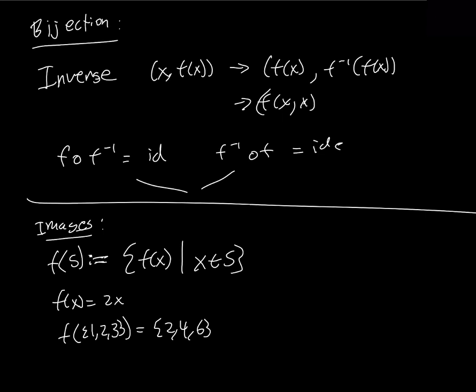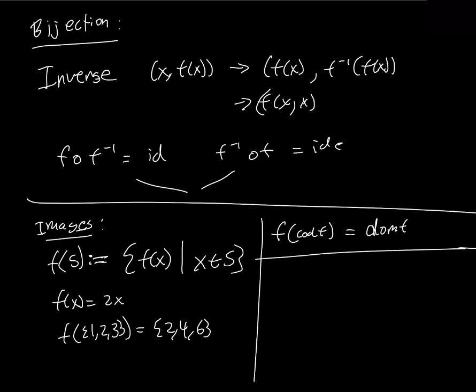And it will lie in the range because the range is the image of the entire domain. So, namely, we can say a function is onto if f of the codomain is equal to the domain. In other words, the domain equals the range.